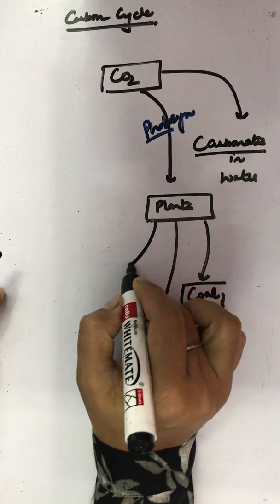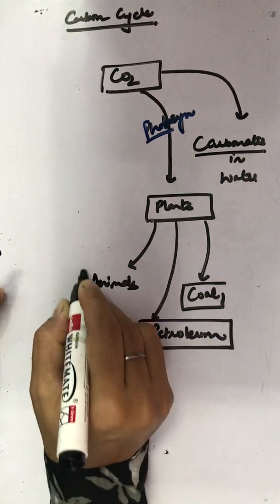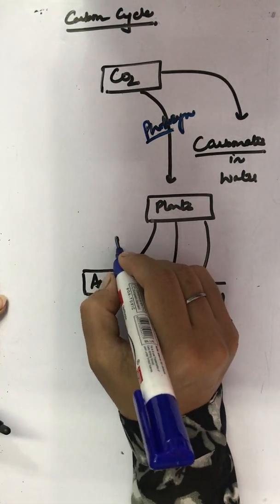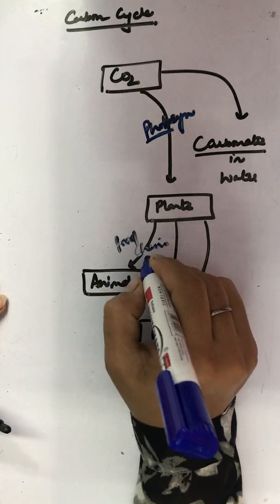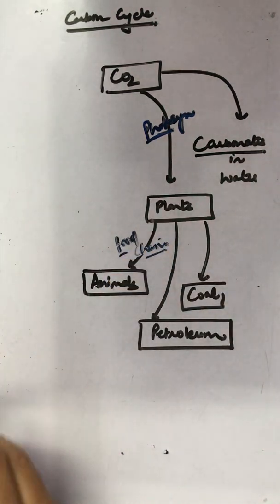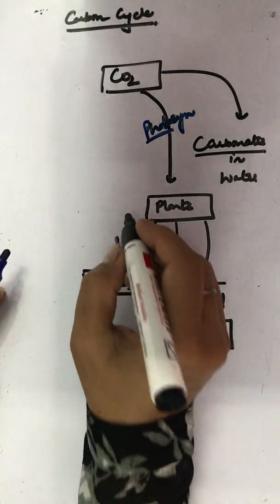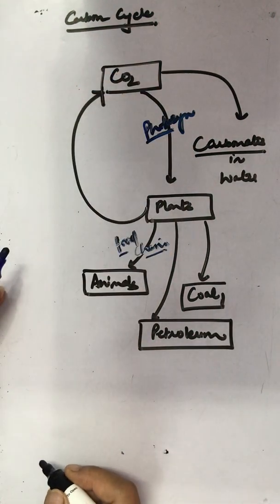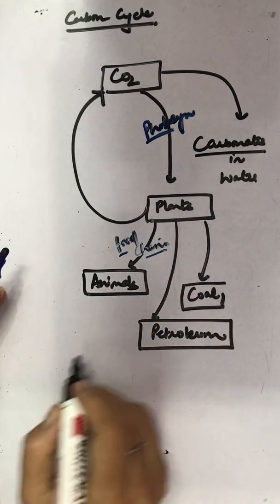It can reach animals. How? That is via food chain. We know whatever enters our body from plants is via food chain, right? Plants release a little amount of carbon dioxide back to the atmosphere as well. This is a process of respiration. Then what do animals do?